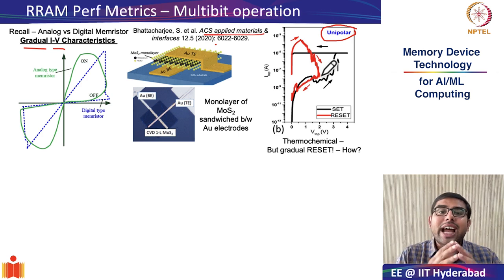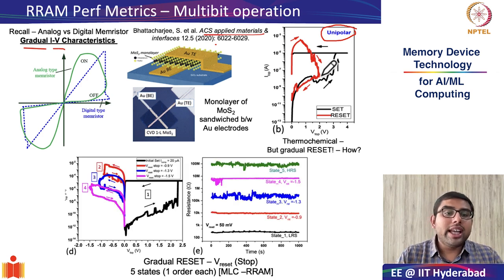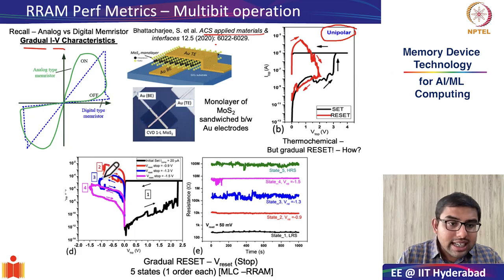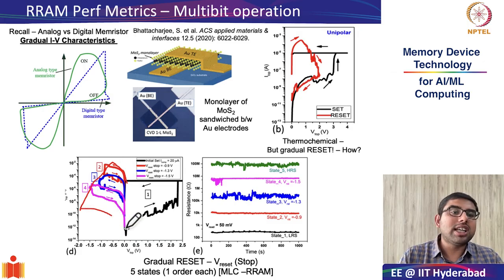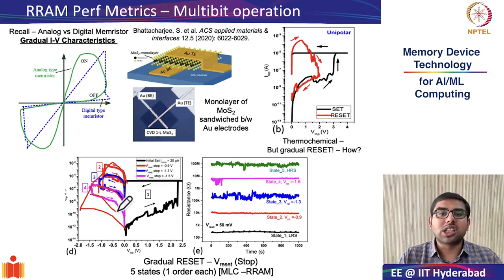And since it is gradual reset, what we can do is stop the reset cycle at different stop voltages. What I mean is you can prevent the device from going completely to HRS state. You can stop the device at different reset voltages, thereby gaining access to multiple non-volatile resistance states.